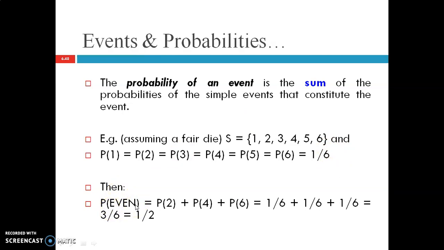How many even elements are there from the sample space? That is nothing but 3. So the probability of even is equal to the probability of 2 plus the probability of 4 plus the probability of 6. So that is 1 upon 6 plus 1 upon 6 plus 1 upon 6, which is 3 upon 6, equal to 1 upon 2. This is the probability of even.